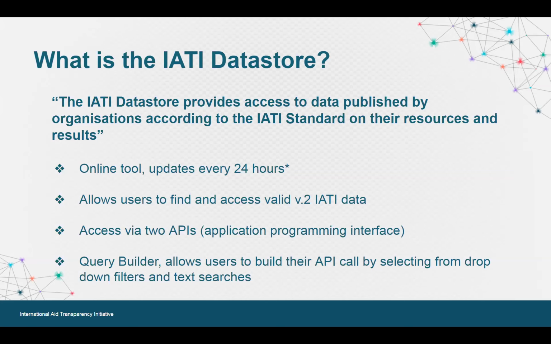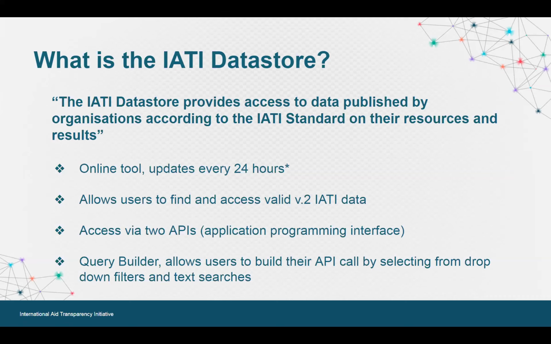And we do this by building queries made up of filters, such as if I only want data that has to do with a particular sector, or maybe with a particular country. Or maybe I only want data to do with a particular country that also contains results information, or subnational locations. And this begins to limit the size of the data we're going to have returned to be far more manageable.